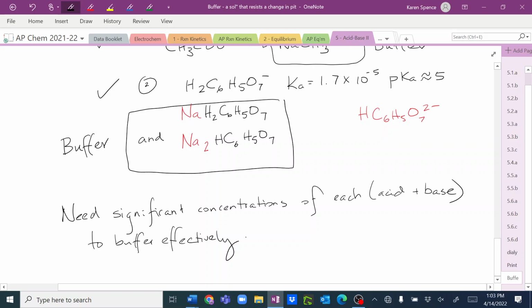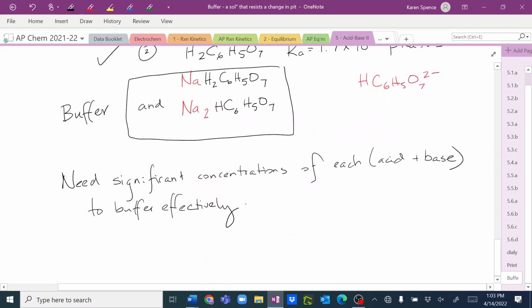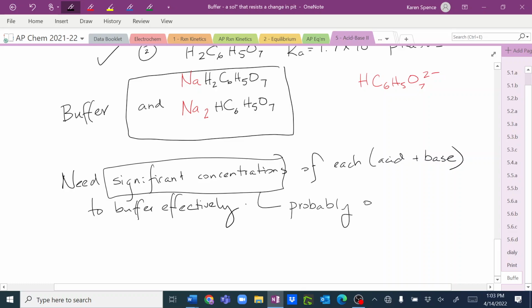So if we did not have enough of one or the other, what would happen? It wouldn't be a good buffer, because it would be like when you just had the acid and you ran out of the conjugate base after no time at all. And that's why you have to have large, significant concentrations, probably 0.1 molar or more.